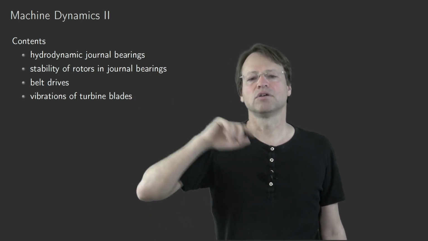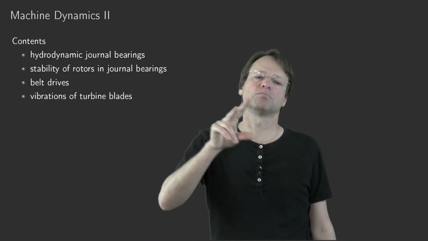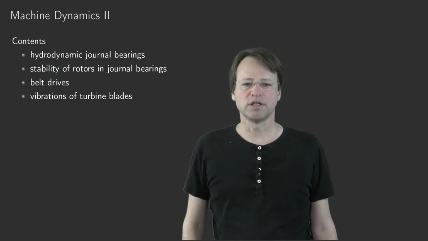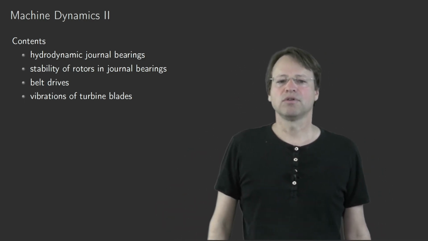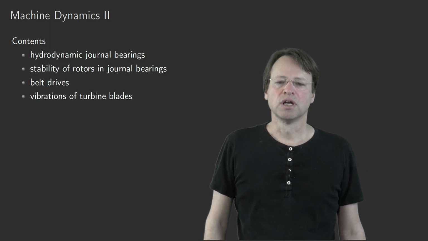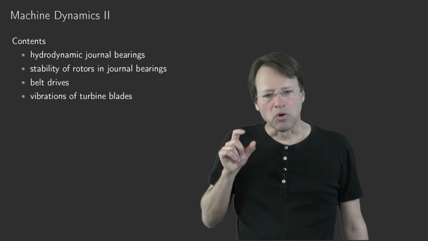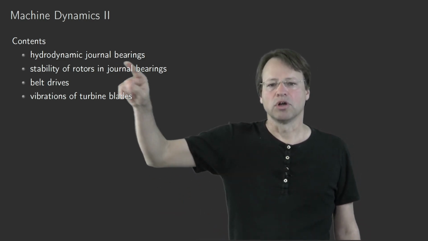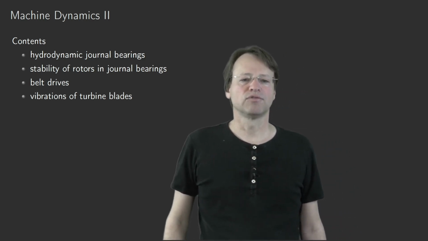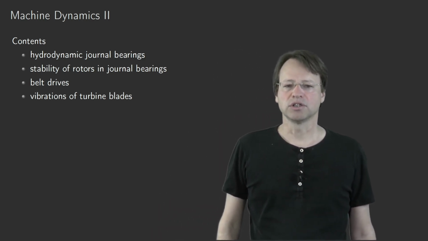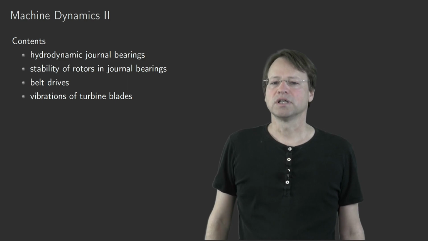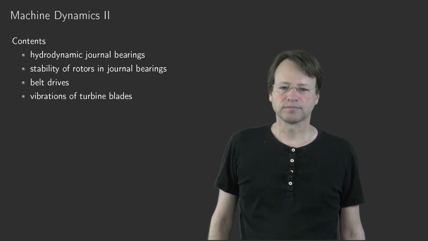In the stability of rotors in journal bearings, we switch back to ordinary differential equations and to the stability theory for ordinary differential equations. But the model involved comes from the journal bearing, and this is a partial differential equation, the Reynolds equation, that is included in the stability analysis.